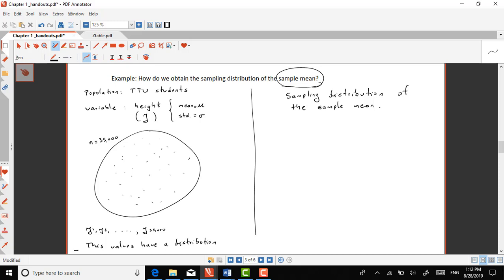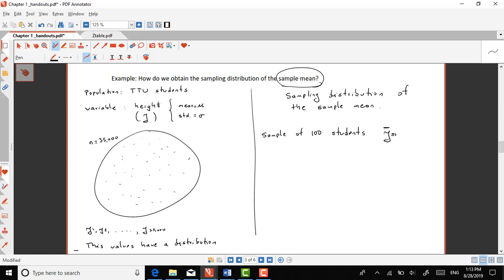We take a sample of 100 students, and we calculate the mean, which we can call y bar S1, for sample 1.